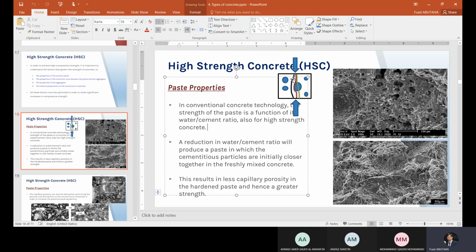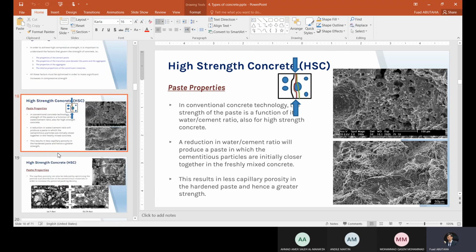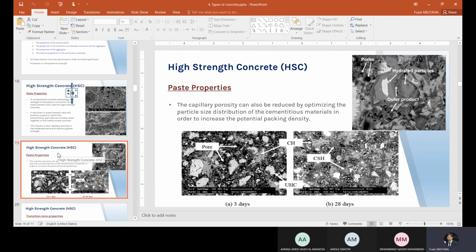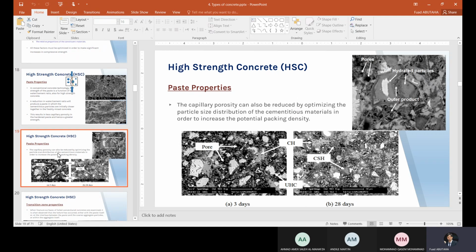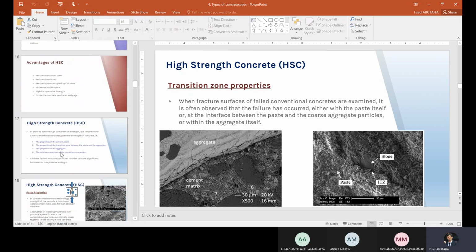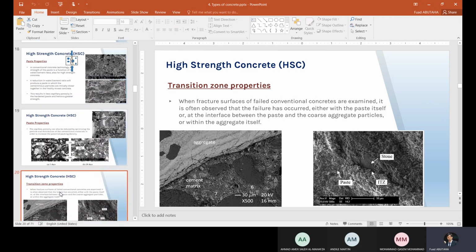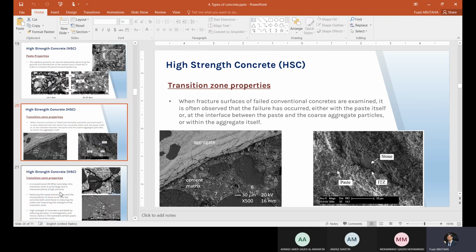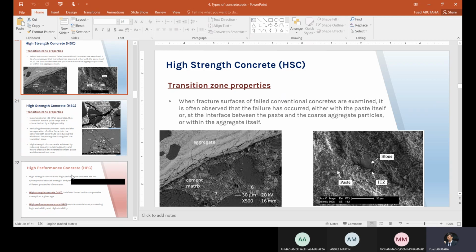We need to make sure that we have good paste properties, good aggregate properties, and also a good transition zone, or good bond between the aggregate particles and the cement paste, in order to avoid failure of the concrete, or any weakness point inside the concrete. We already discussed the factors that affect each part and how to improve it.